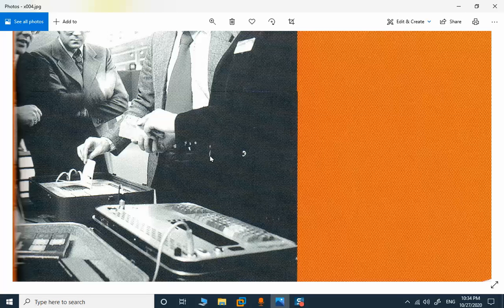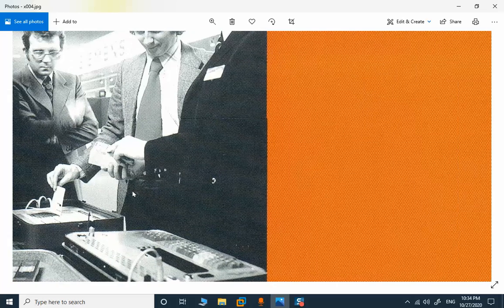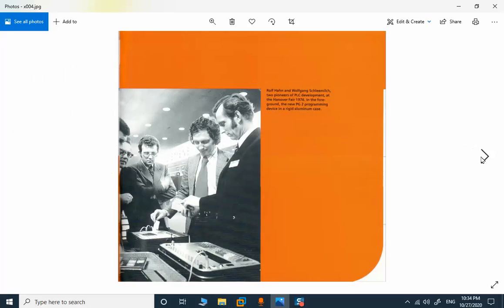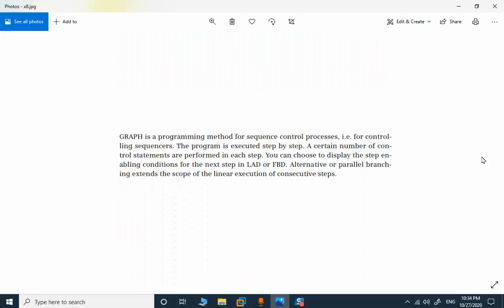They used punched paper to program, and nowadays you can easily program the PLC with a very simple computer. You can connect to the PLC by Ethernet adapter and Ethernet cable, and that's much easier compared to the old era.